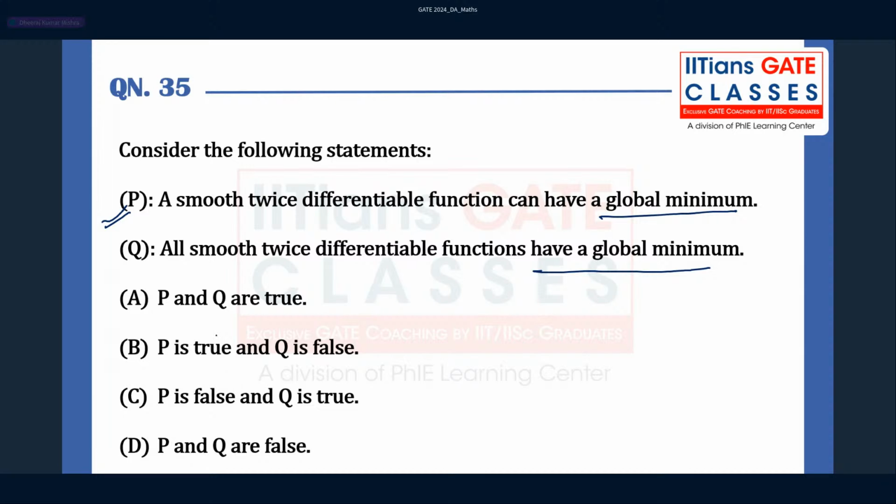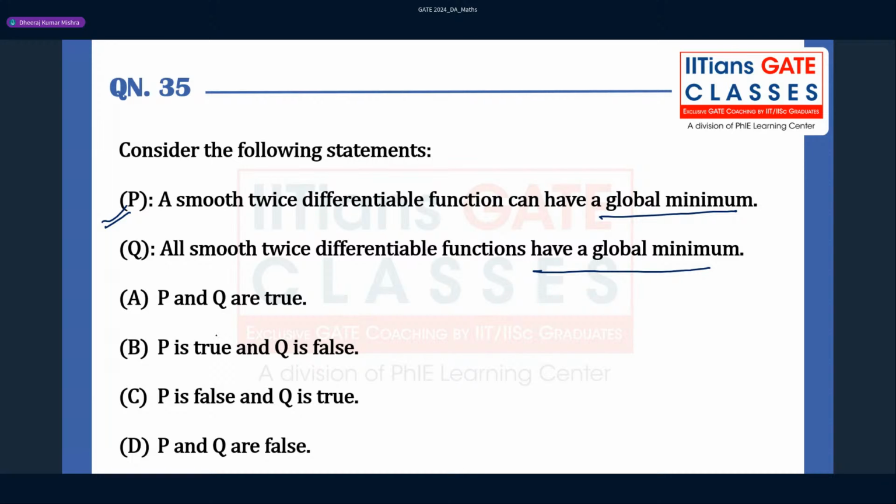I can give you a couple of minutes also, because this is a live session, so everybody can interact. What is given here is that a smooth twice differentiable function can have a global minimum, and all smooth twice differentiable functions have a global minimum. What is the meaning of twice differentiable?